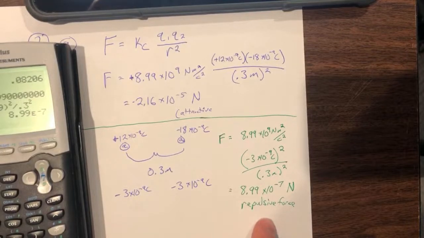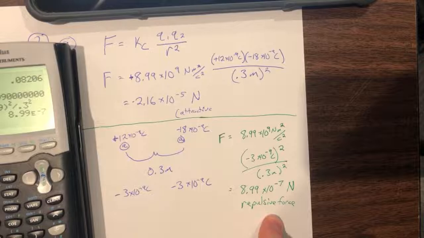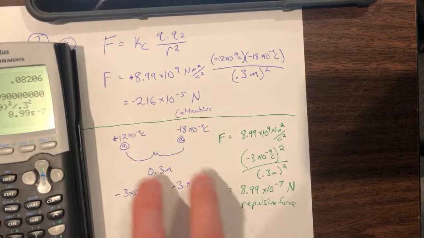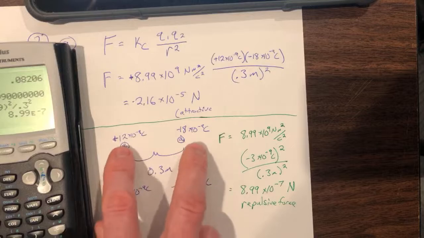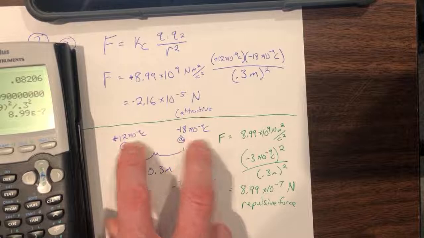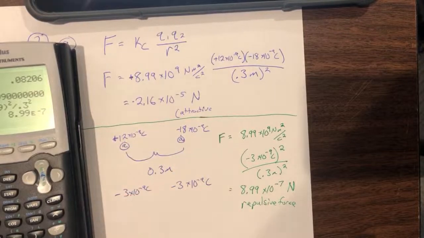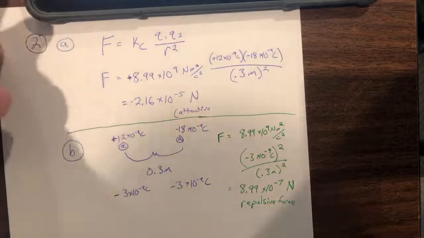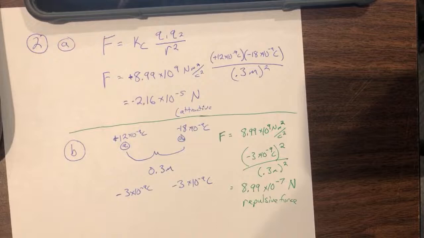This is a much smaller force than initially, and we expect that, right? Because the absolute value of their charges decreases significantly when they reach equilibrium. So 12 and 18 going down to 3 and 3, we'd expect a much smaller force, and that's exactly what we find. Okay?